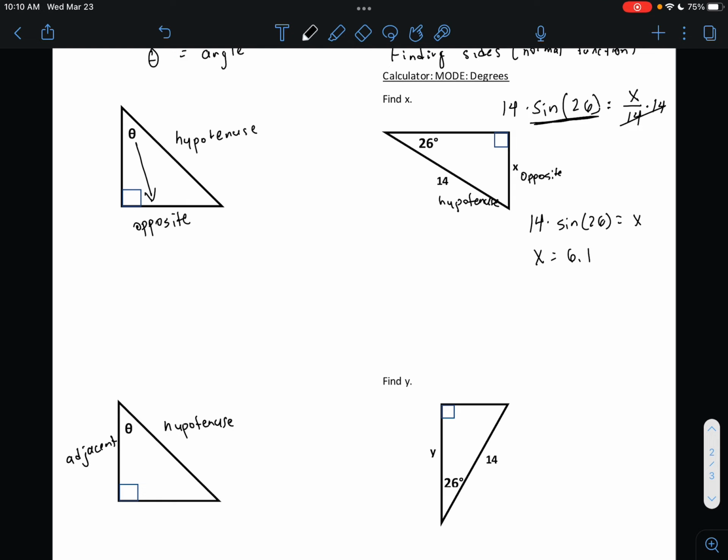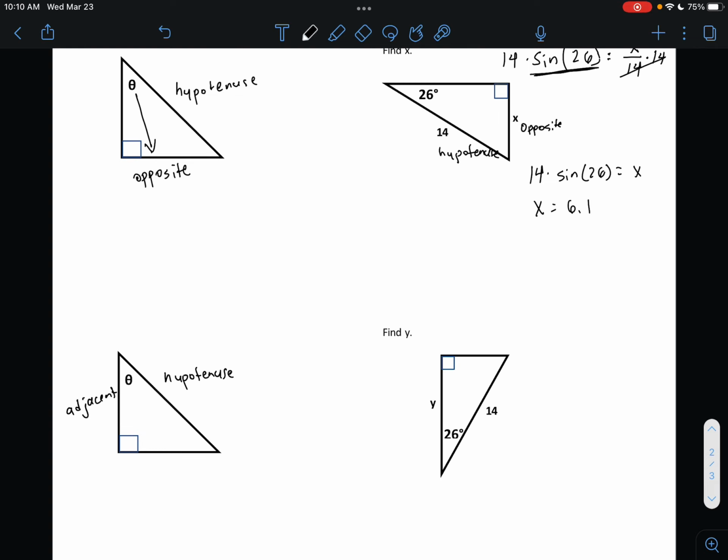So our cosine, we have our hypotenuse and we have our adjacent side. And the way that we can use our cosine is, again, if we have an angle and we know that we have our adjacent side and our hypotenuse, we use the cosine function to figure that out.